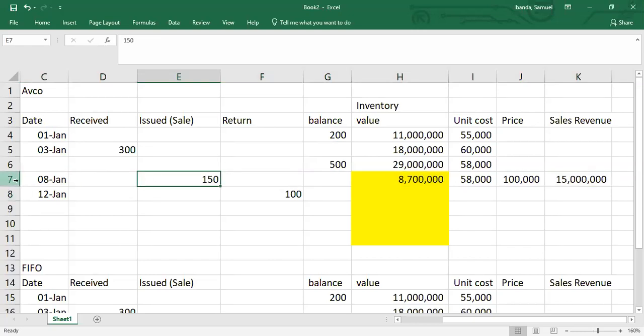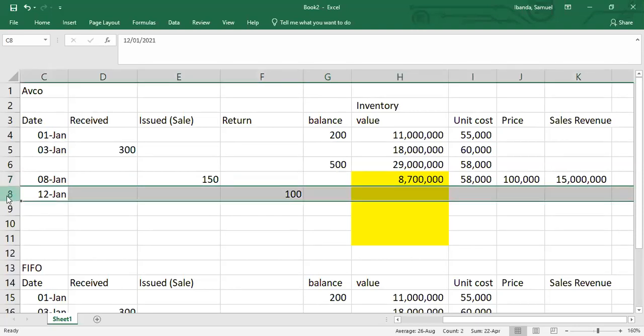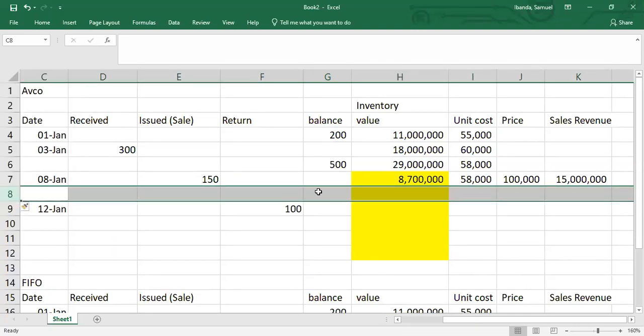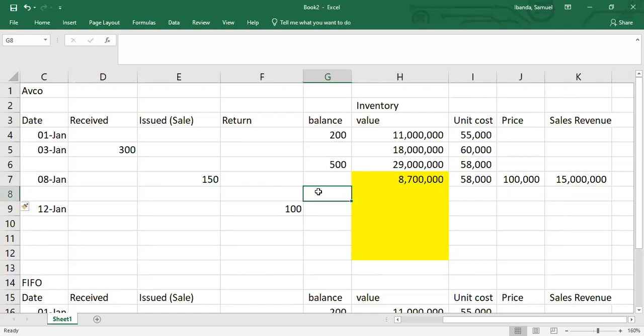So this was an issue of 150 bags. Okay, when we issue 150 bags, we actually remain with what? We remain with after that issue, let me just even add a column here. So I record this balance right here and give it a value.